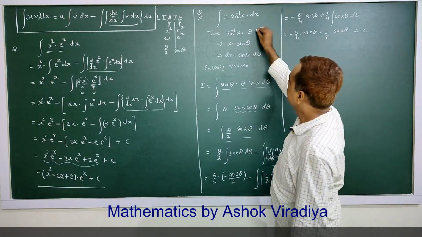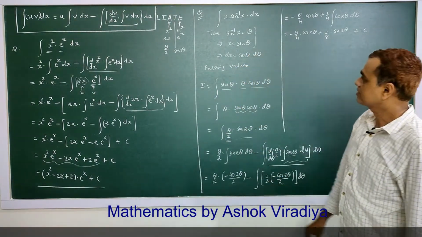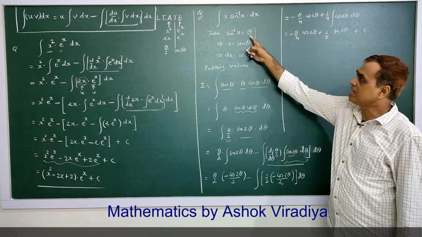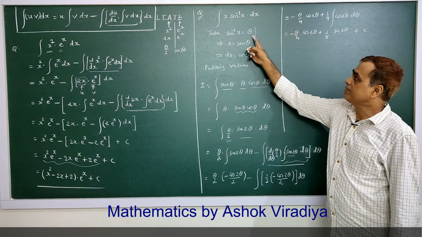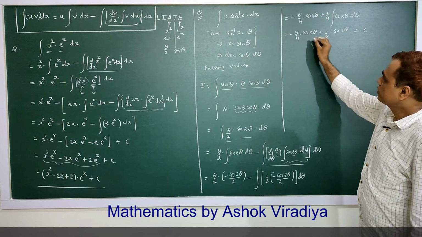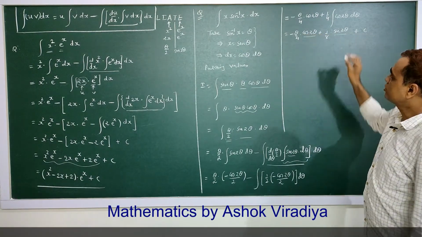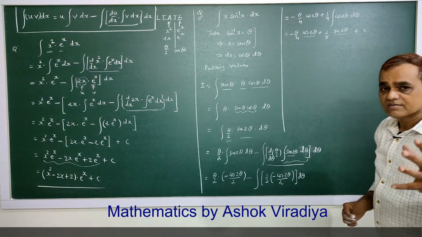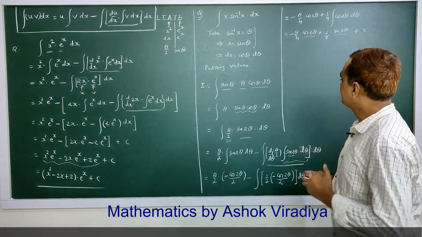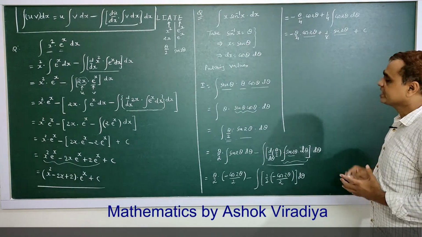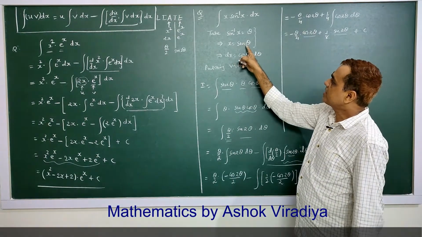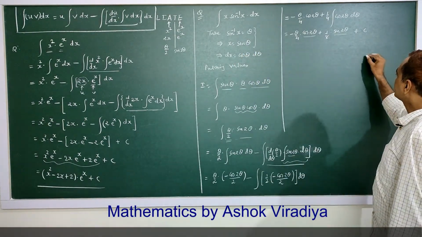So once again we use these values. Here theta, the value of theta we will replace by sine inverse x. But how to replace the value of cos 2 theta and sine 2 theta? We use trigonometric formulas. Sine theta is x.